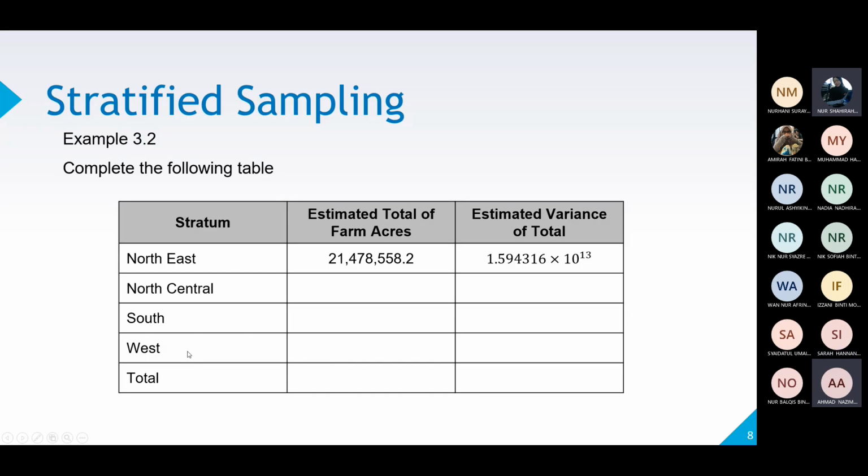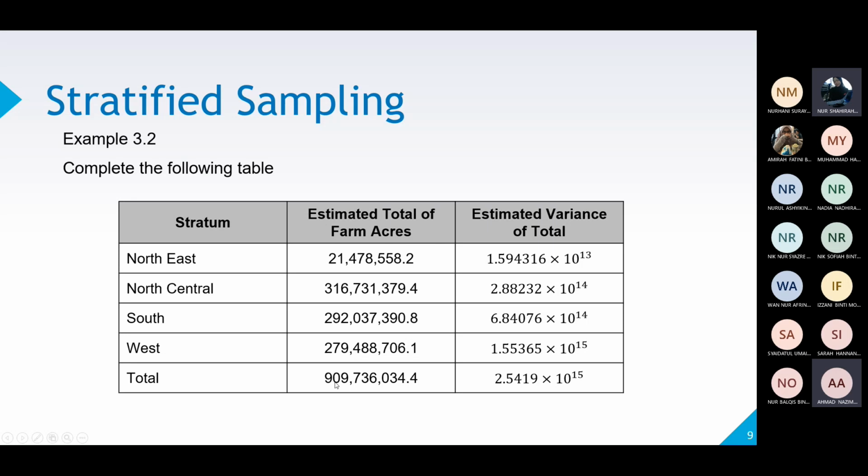So complete the following tables. Actually, you need to try to calculate the estimated total of farm acres for the other regions. We have calculated the first one earlier, that is the northeast. You can try to calculate for the north central, south, and west.